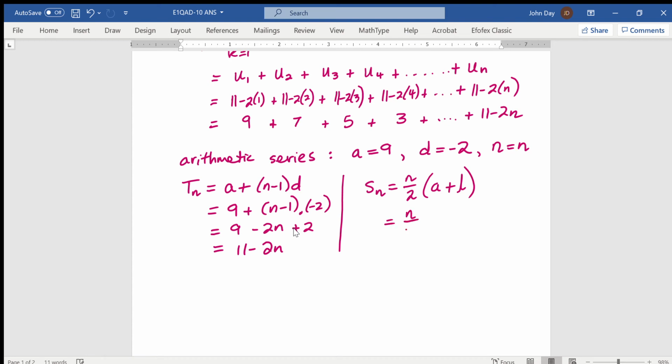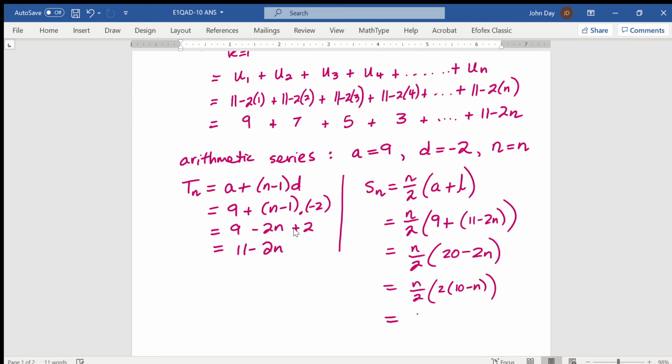It's n on 2 times (a plus l). The first term's 9, the last term is 11 minus 2n. So it's n on 2 times (20 minus 2n). That's like n on 2, and then 2 times (10 minus n). So we can divide those two. It's n(10 minus n), or you could say it's 10n minus n squared.